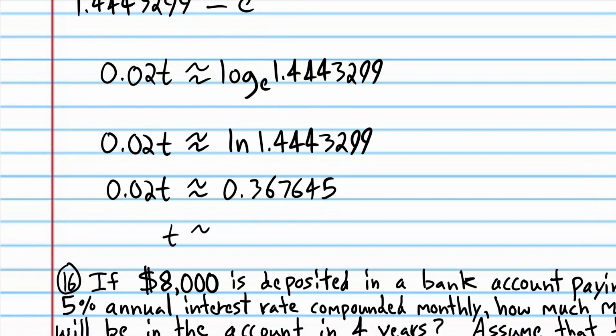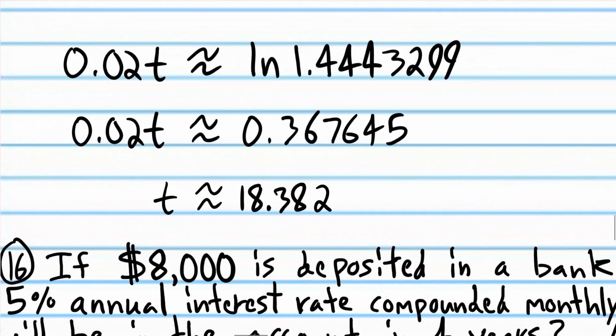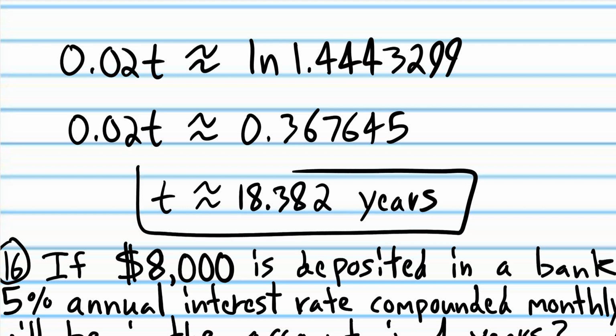So t is approximately equal to 18.382, and this problem doesn't tell us what to round off to, so we can just leave it. And that's the number of years that our money was in the account.